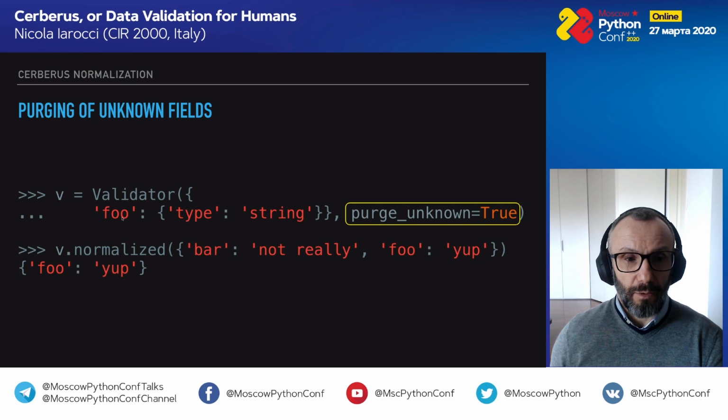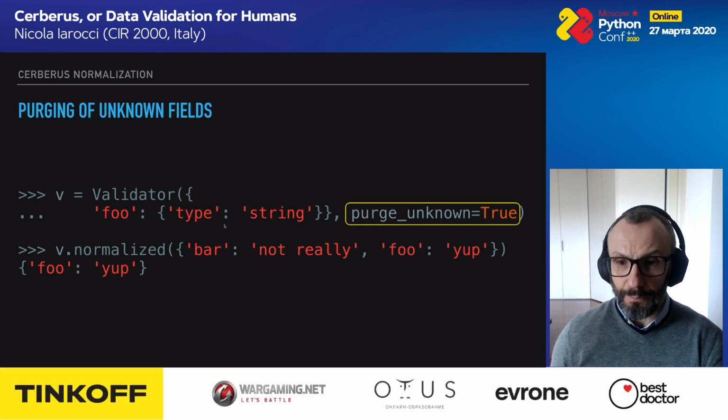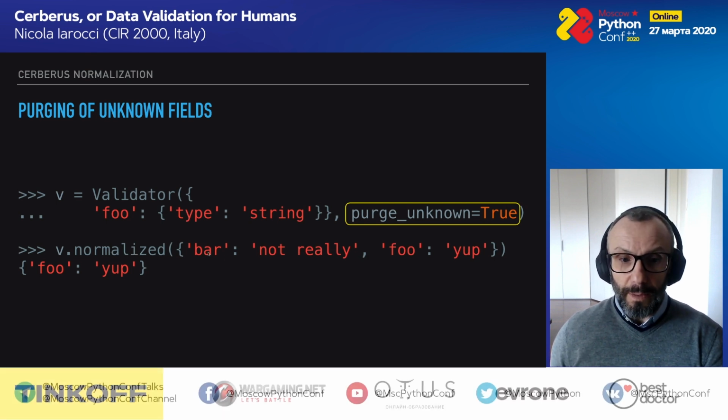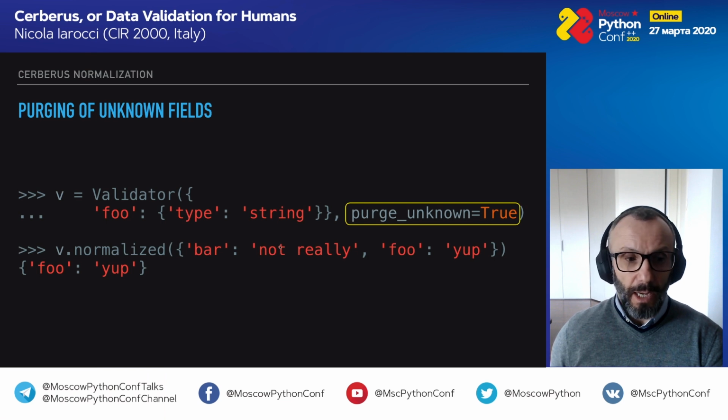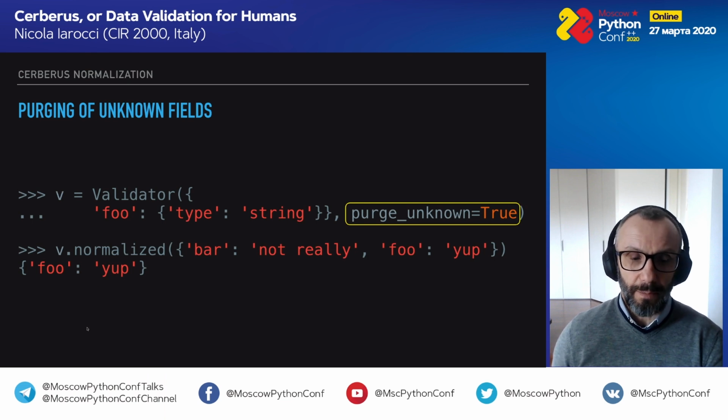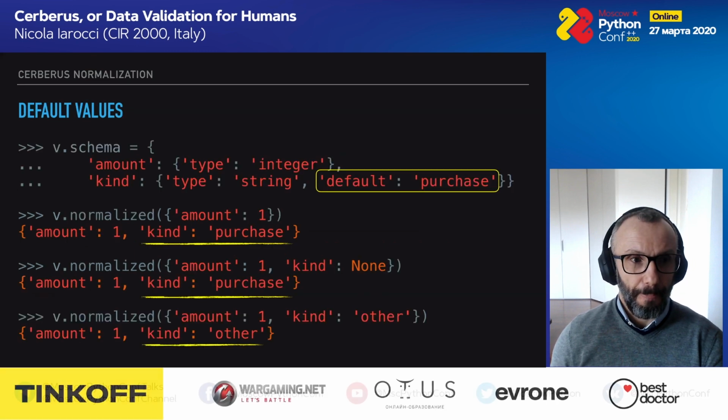So this validator allows for a field foo string, and also wants to get rid of all the unknown fields. So when we use normalized on this one, you see the bar field is unknown, and the returned document does not have that field. So we can just use Cerberus to clean up documents and normalize them, standardize them.